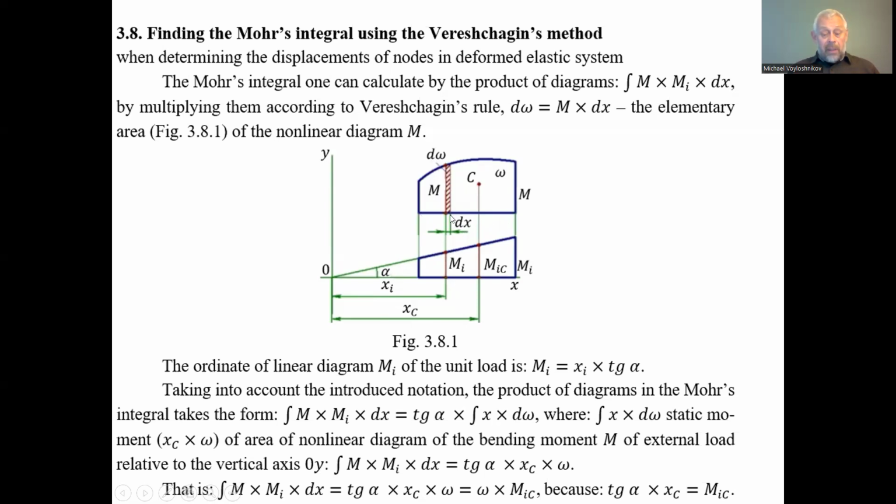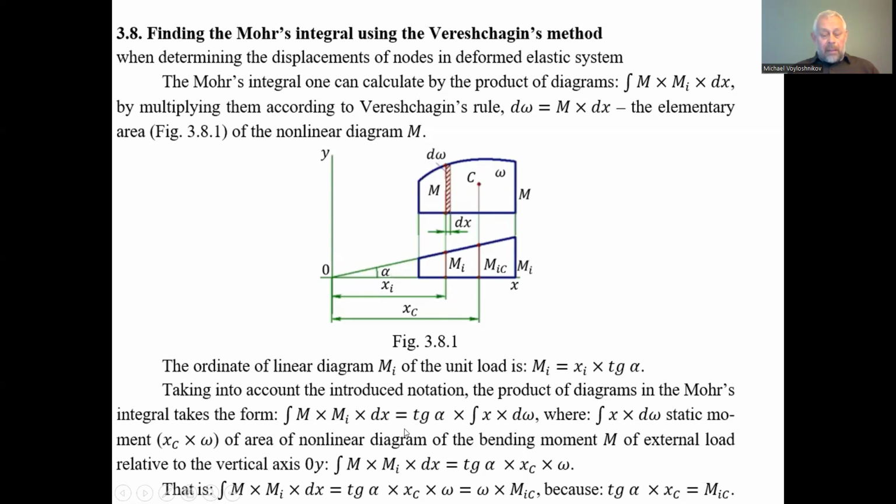So this is the increment dx of the abscissa. This is the increment of the area corresponding to this increment of the abscissa. Increment of the area of the diagram of bending moment on the stretched fibers of the elemental mechanical system experiencing the external load.